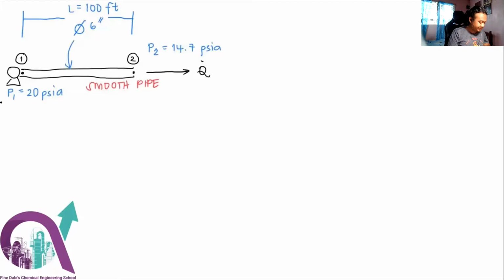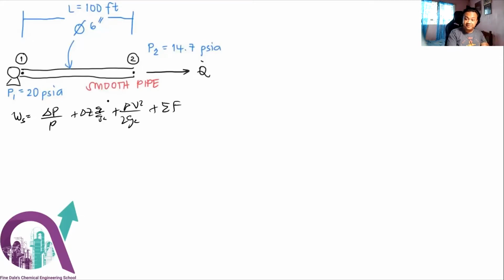So it's obvious that we have to work with the OMEB here, the overall mechanical energy balance equation, right? With g over gc, 2gc, plus friction. Let's simplify. It's horizontal, so that term is 0.